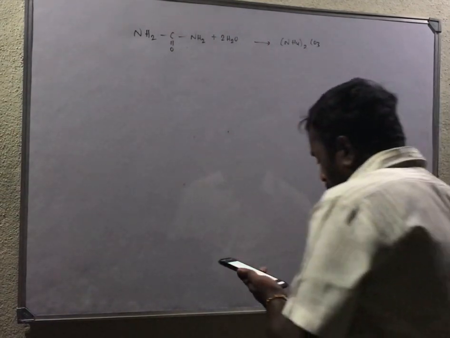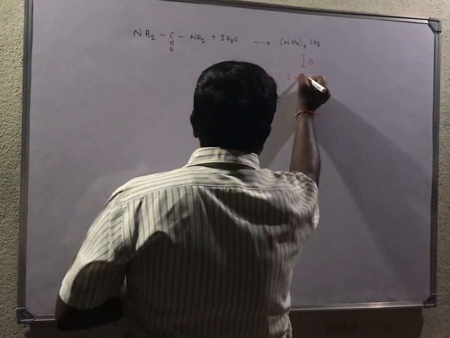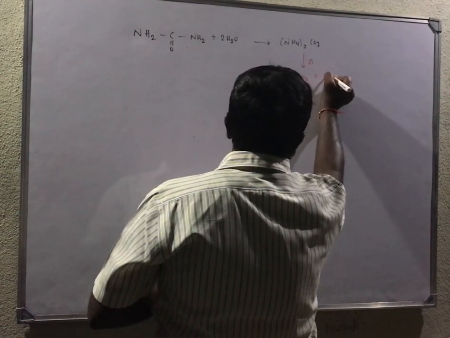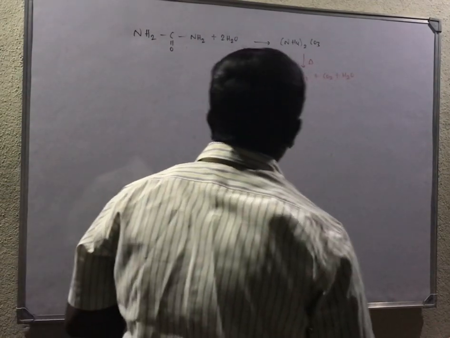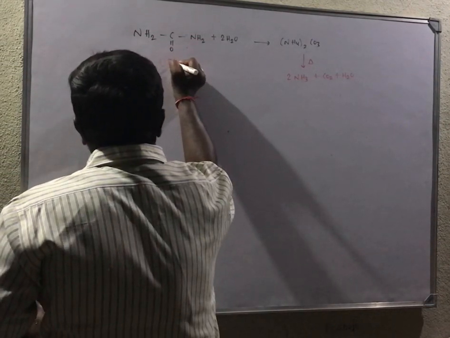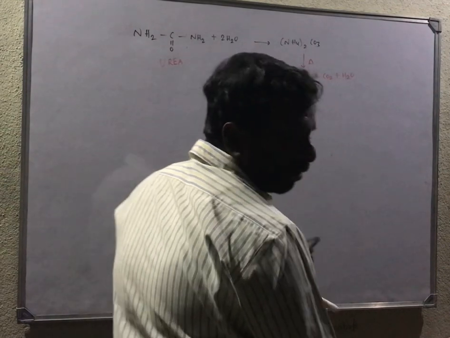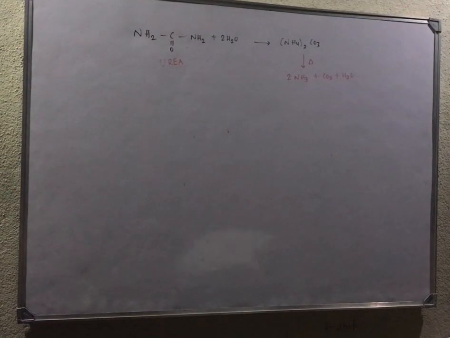This ammonium carbonate on strong heating loses water and forms carbon dioxide, ammonia and water. Urea is the first organic compound prepared in the laboratory.